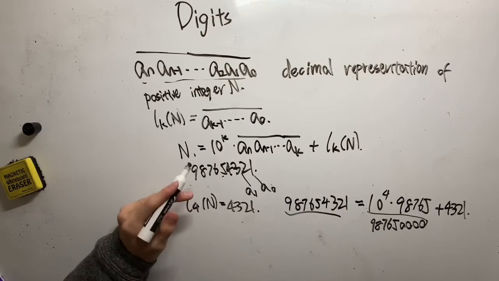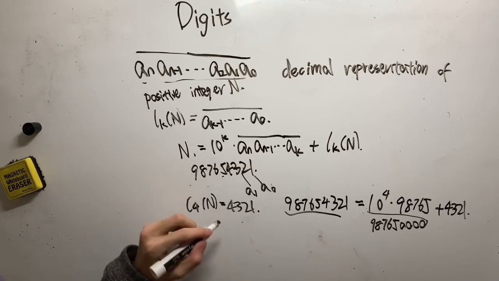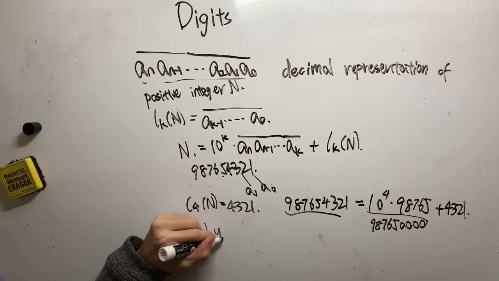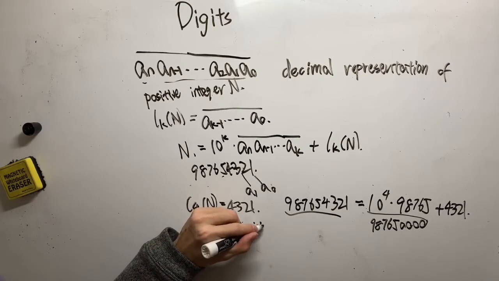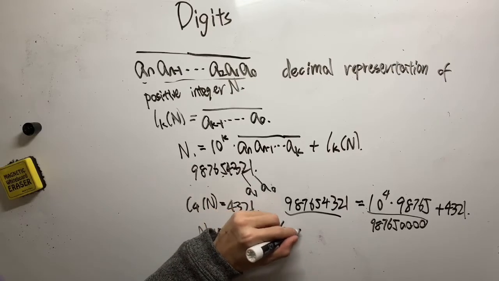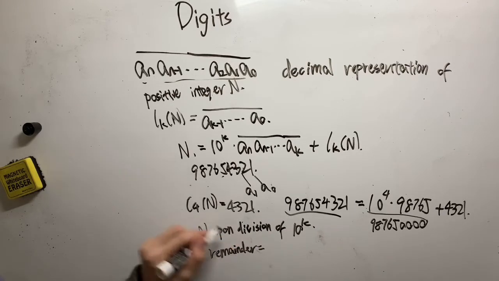Another property is that if we want to find the remainder of, for example, this n upon division by 10 to the k, we have the remainder equals L_k(n).